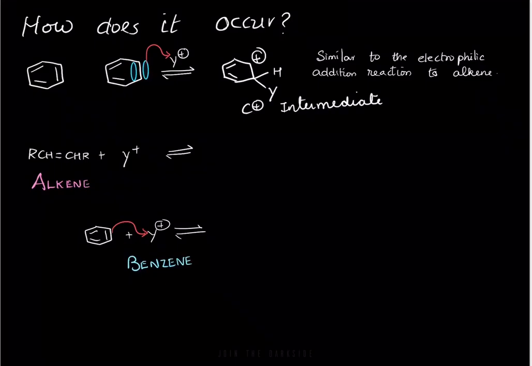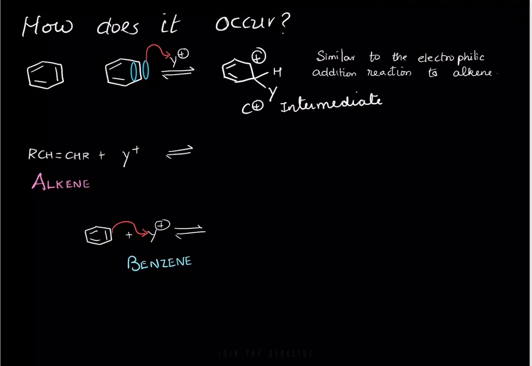Okay, now what is the next step? Let's just recall what has happened in the alkene electrophilic addition reaction. So let's do the alkene mechanism. Basically these electrons are going to go and attack the electrophile, and you will form a carbocation.